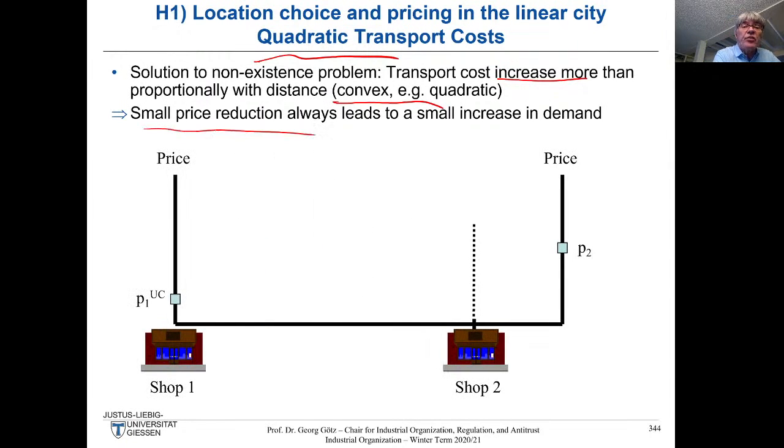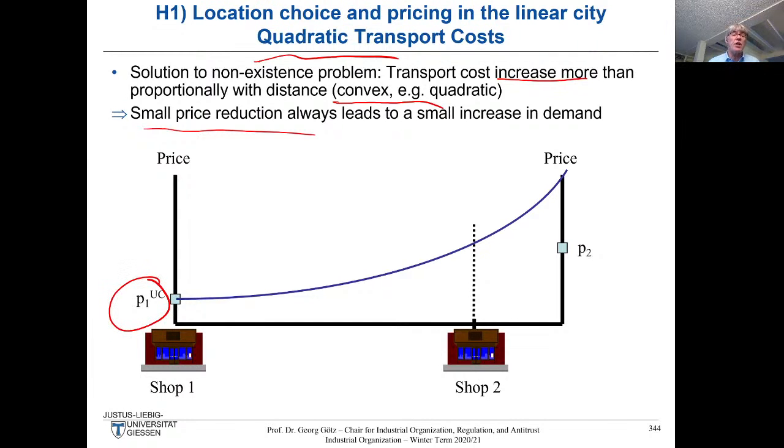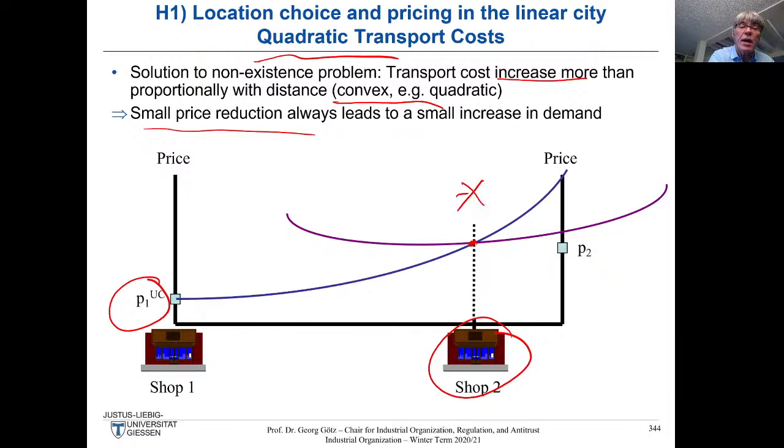That means a small price reduction always leads to a small increase in demand. Suppose shop 2 is here. Suppose you have here this undercut price. Here, this is nothing but a parabola, just x squared. You will see that on the other slide. Here, of course, you also have this parabola, but the point is that someone located here, this guy would be the XM.